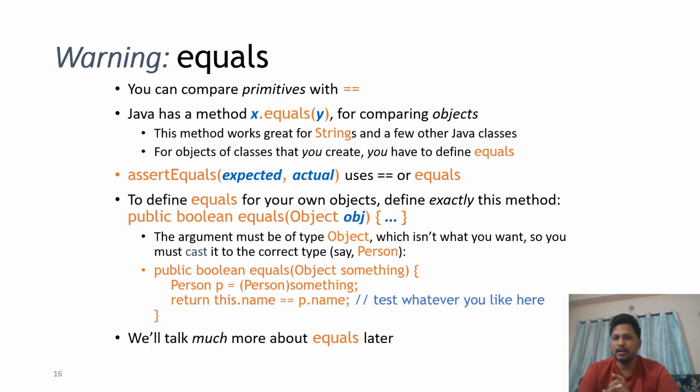We also have two ways, the double equals operator or the equals method for strings. Similarly, it is utilized inside the assertEquals method. Based on the value it is automatically determined: if it is an object, it will use the equals method.